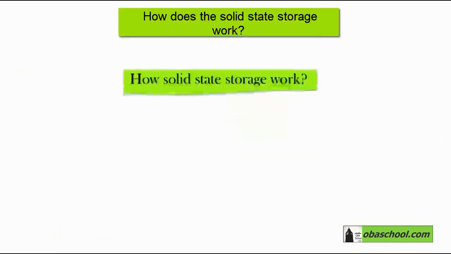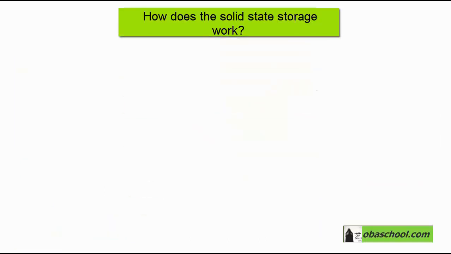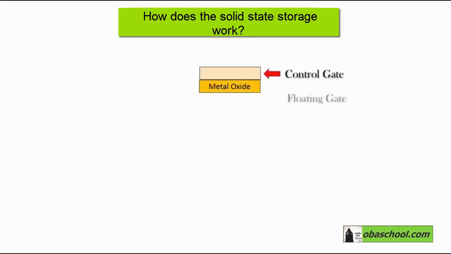Now let's see this question. How does the solid state storage work? First of all, here we have the control gate. This is the control gate. And below the control gate, we have the metal oxide, which is nanomaterial. Below the metal oxide, we have the floating gate where the material can float.